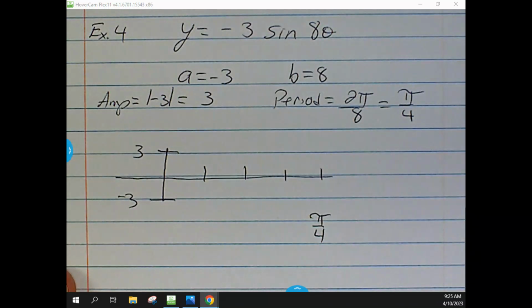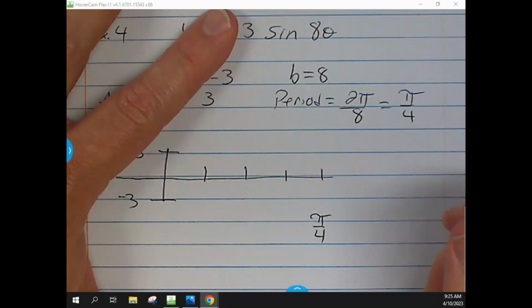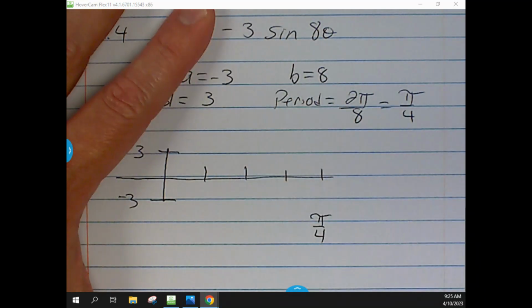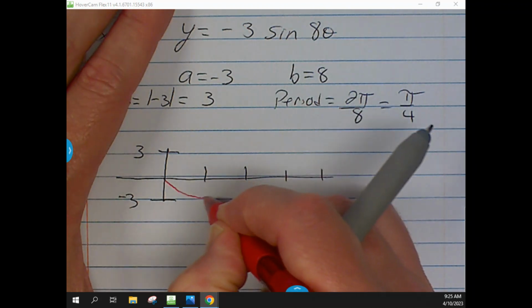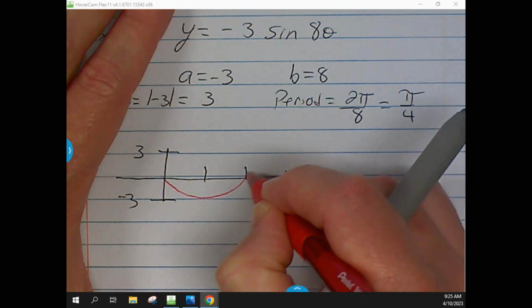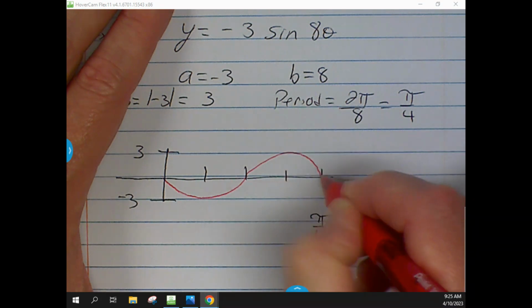All right. Now, here's the big difference on this one. If the number is negative, with the A value being negative, if it was just 3 sine theta, we know we would go up. If it's -3, which way do we need to go to get to the negatives first? Got to go down, right? So if it's negative, you're going to go to the bottom half of it first, and then you'll come back to the top half of it later.